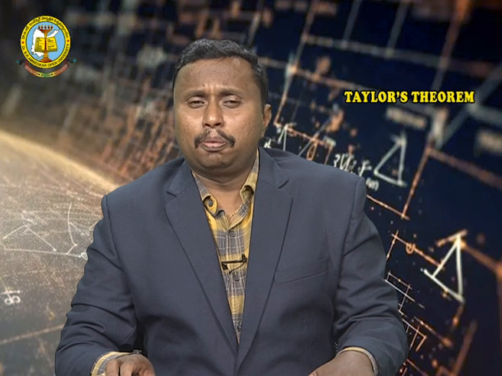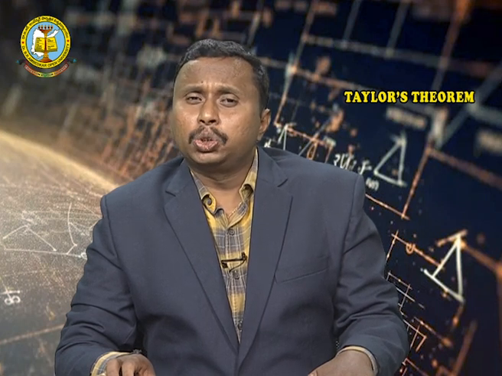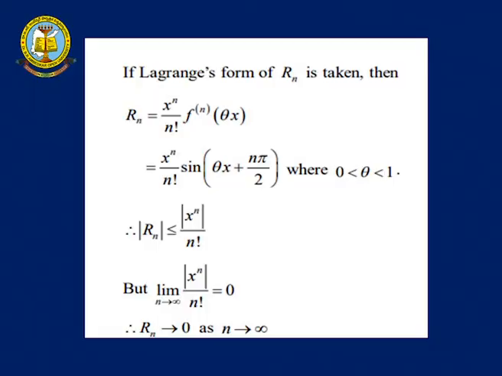Now, first we have to prove that the remainder tends to 0 as n tends to infinity. Here the remainder Rn equals x power n by n factorial into f power n of theta x, that is x power n by n factorial into sin of theta x plus n pi by 2, where theta is between 0 and 1.